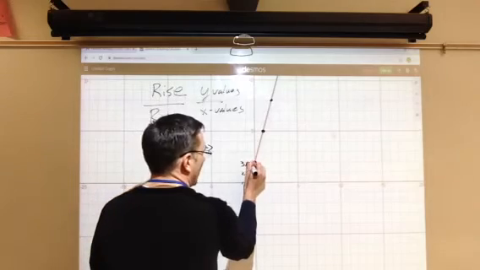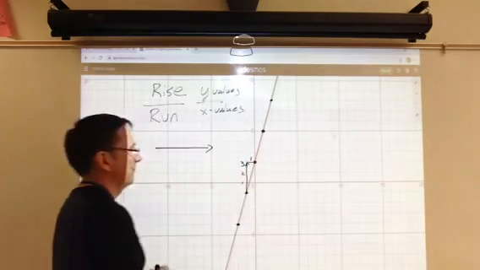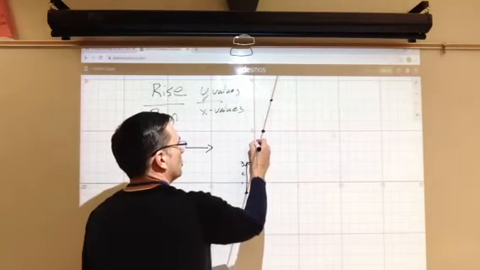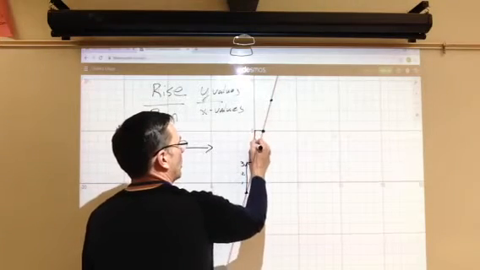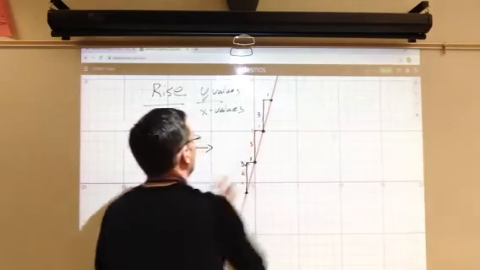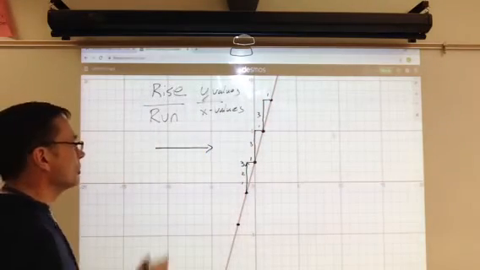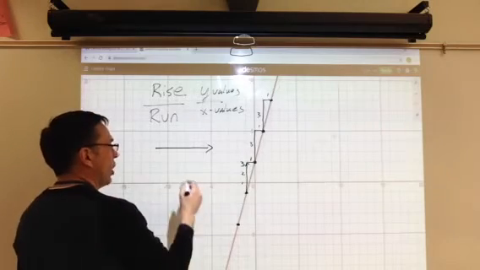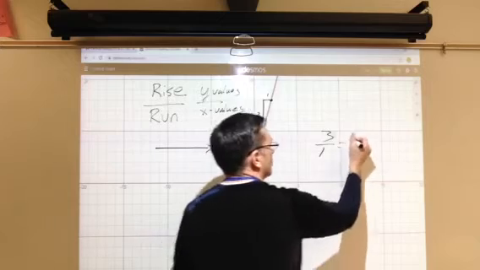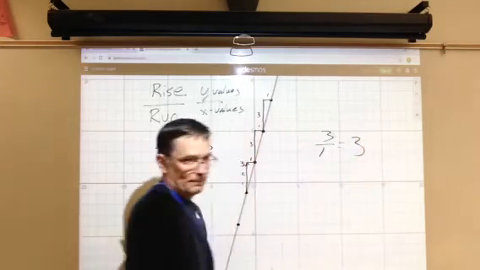I run to the right 1 unit. I can keep this going. I'm going to go 1, 2, 3, and over 1 unit. 1, 2, 3, and over 1 unit. So our slope for this line is 3 over 1, which reduces just to 3.